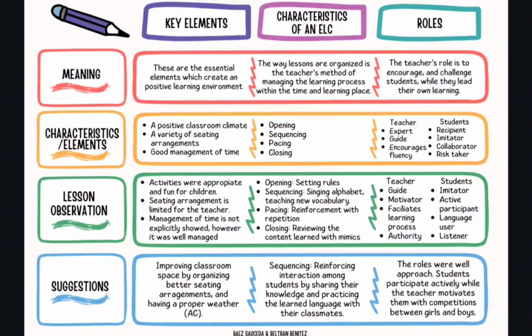Well, we suggest that in the sequencing part, the teacher can reinforce the interaction among students because, as we can see, there is more teacher talking than student talking. We suggest that the students should talk among themselves so they can practice their language, correct themselves, and monitor their language use.